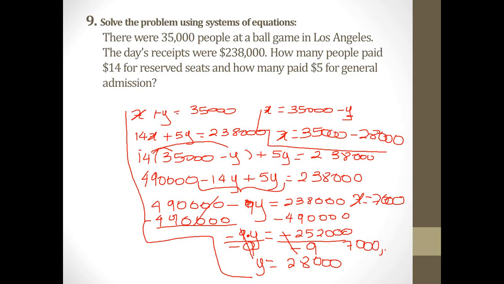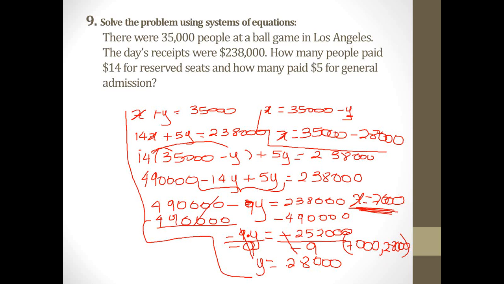This is my ordered pair. So basically, X was the reserved seats. So 7,000 people paid for reserved seats, and the Y were for general admission.